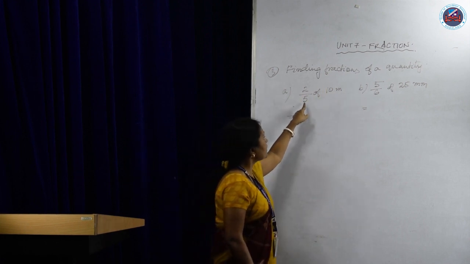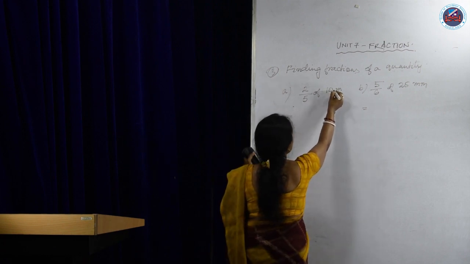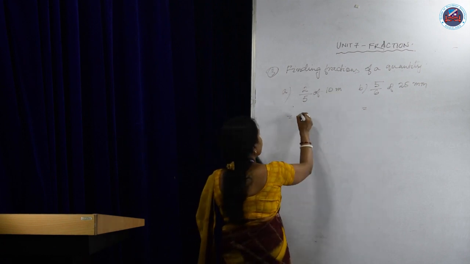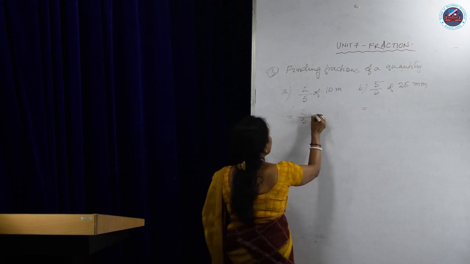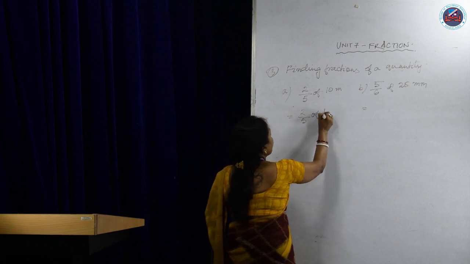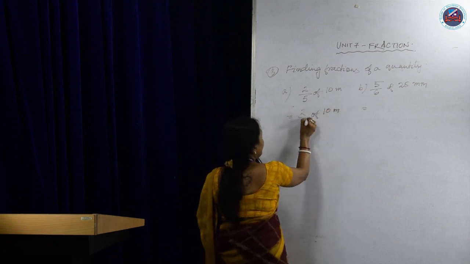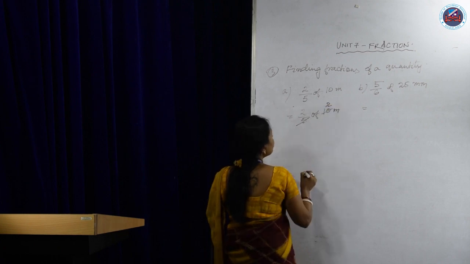What is your denominator? 5. 2 by 5 of means it is same as multiplication, 10 meter. So if you divide 10 by 5, you get 5 2s are 10.